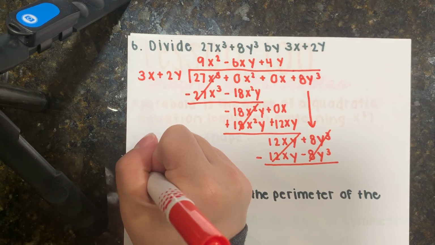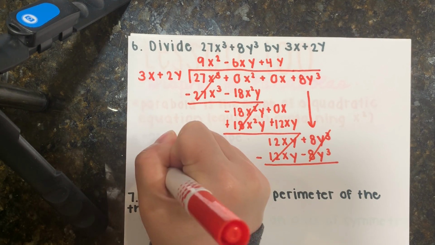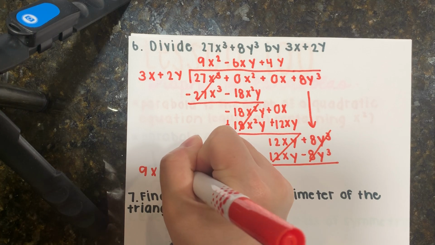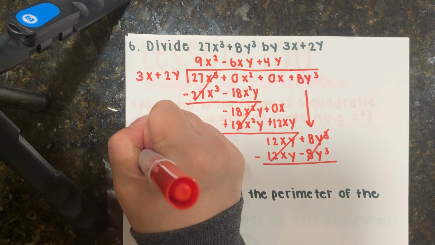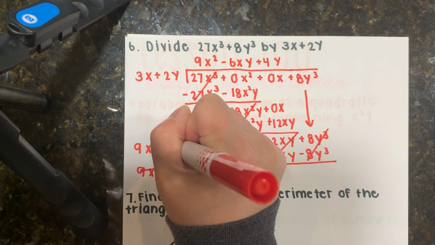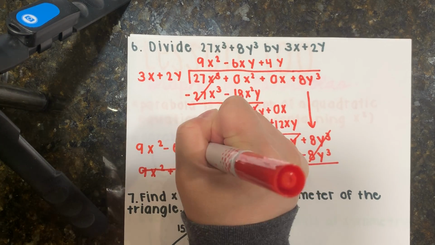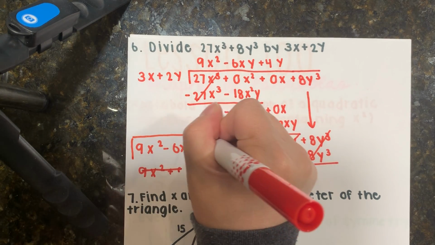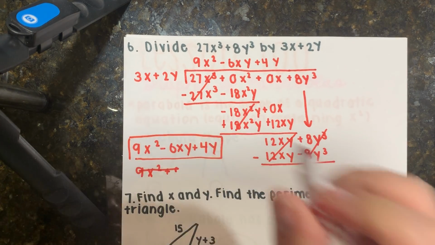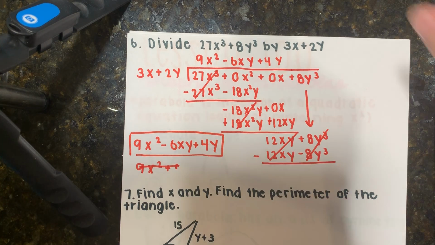So your answer is going to be 9x squared. Oops, sorry, I want to rewrite that. 9x squared minus 6xy plus 4y. And that would be your result for number 6.